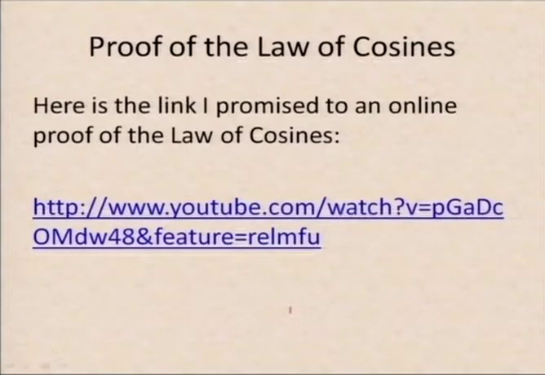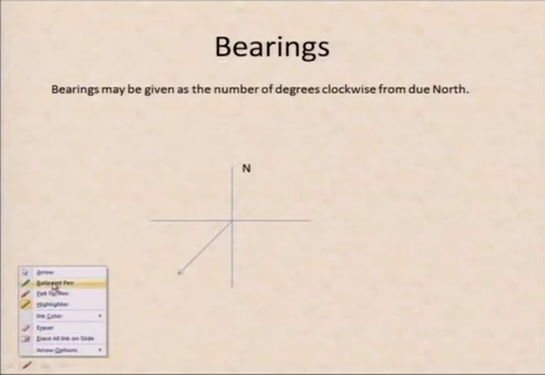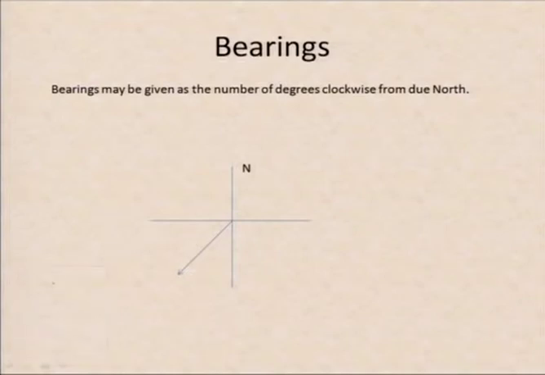All right, some other basic things that come out as we're talking about triangles, and we're going to get into vectors in another lesson pretty soon, is the concept of bearings. Bearings may be given as the number of degrees clockwise from due north. So we could have a bearing listed here as coming from due north to there.